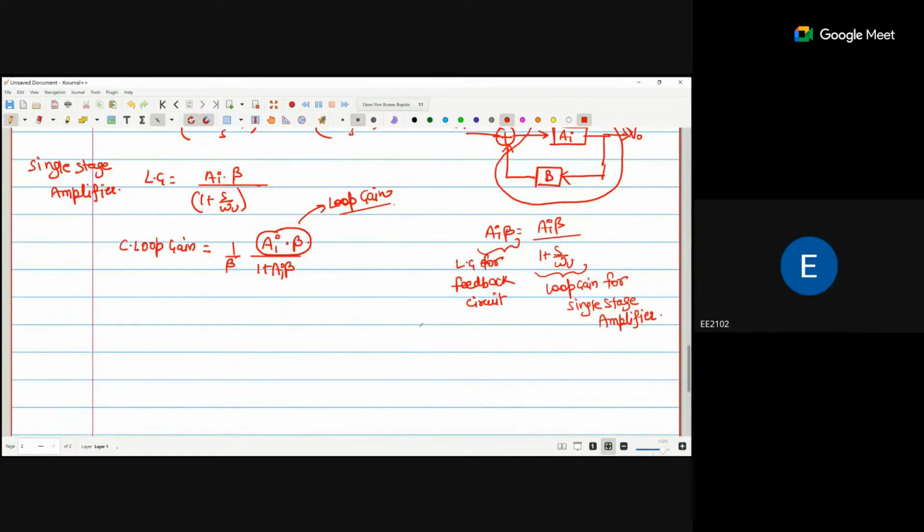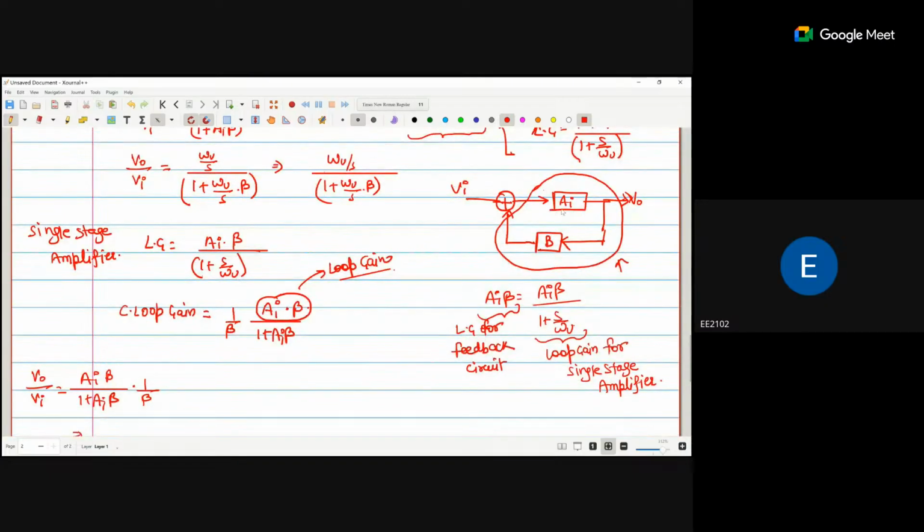We have, if we are talking about the normal feedback system, what is V naught upon Vi? Simply V naught upon Vi is Ai upon 1 plus Ai beta. We already solved this one in week 1. Now if I multiply it by beta and divide it by beta, this Ai beta is the loop gain.